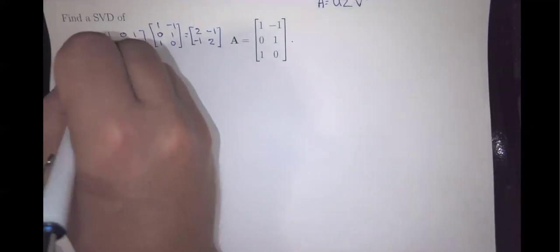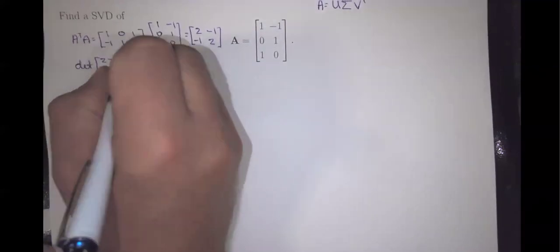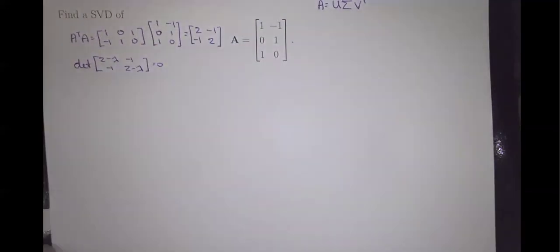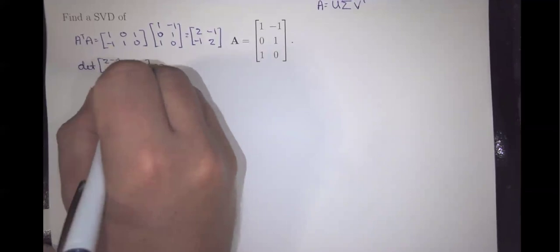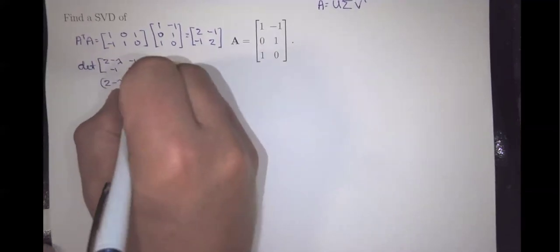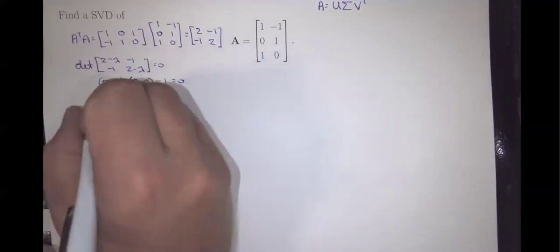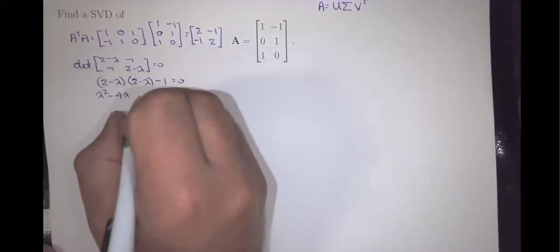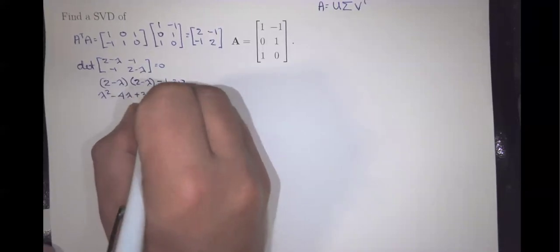The determinant of A transpose A minus lambda I, so 2 minus lambda, minus 1, minus 1, 2 minus lambda. And so we get 2 minus lambda times 2 minus lambda, minus 1. This is lambda squared minus 4 lambda plus 4 minus 1, which is plus 3.